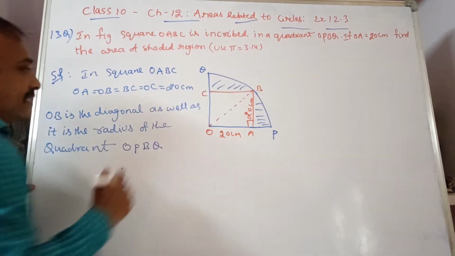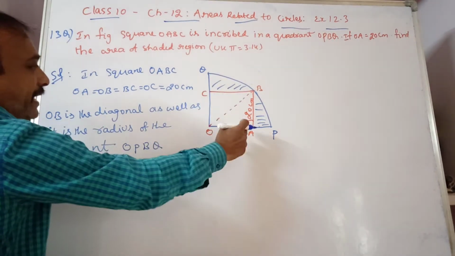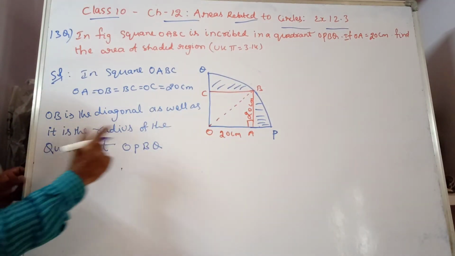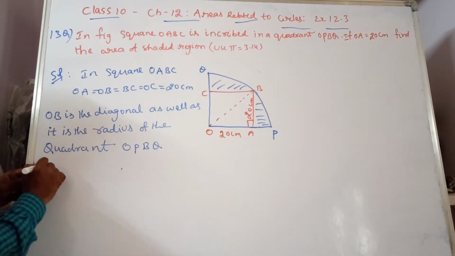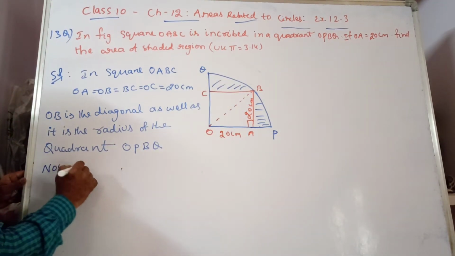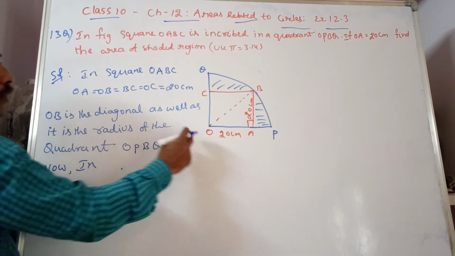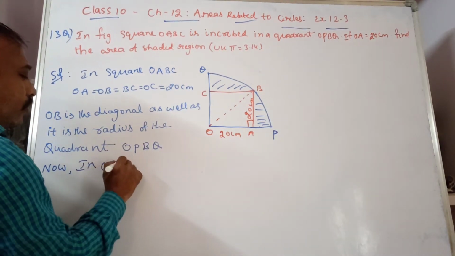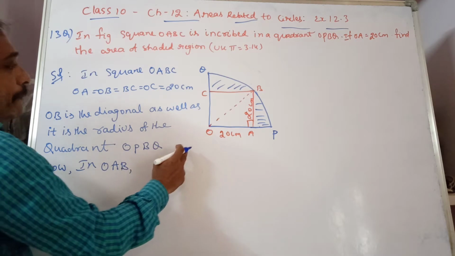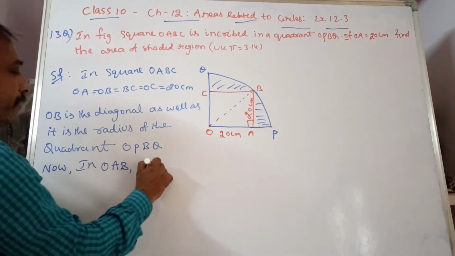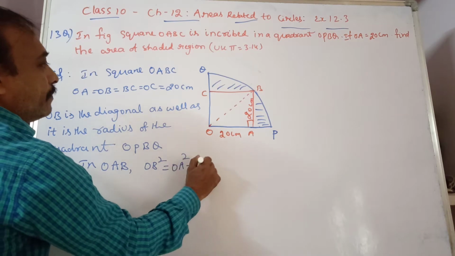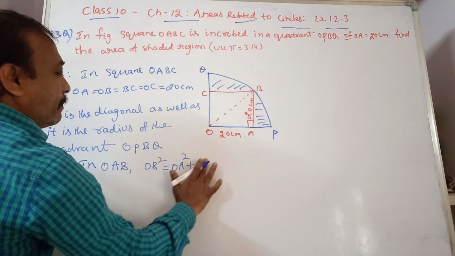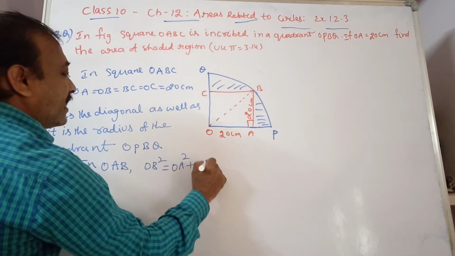By applying the Pythagoras property in triangle OAB, we can find the length of the diagonal. OB square is equal to OA square plus AB square.